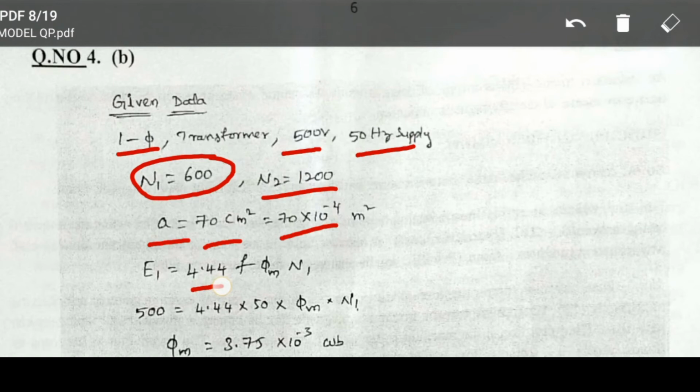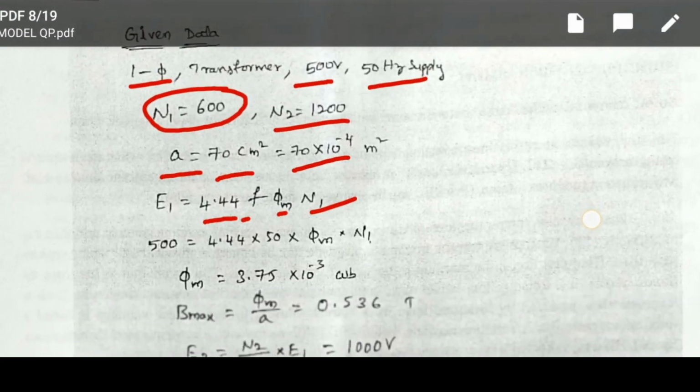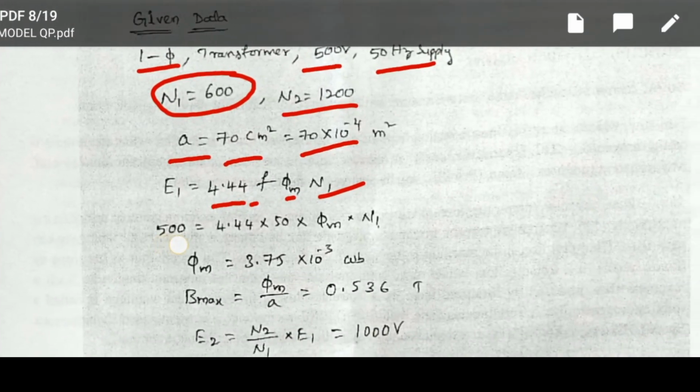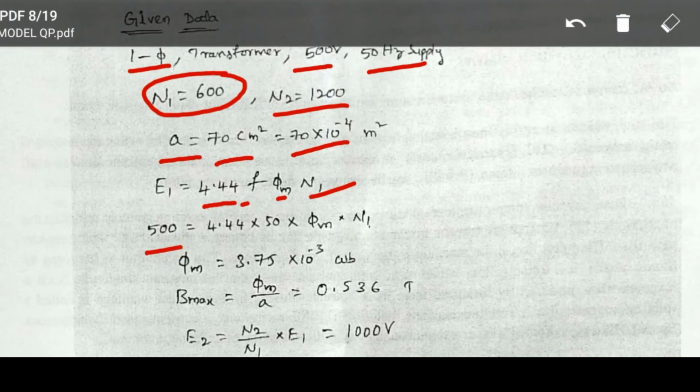The EMF equation of a transformer is E equal to 4.44 F phi m N. If you substitute all this, E1 is given as 500, the induced EMF, 4.44 is constant, 50 Hz, phi m is the unknown, and N1 is given as 600.